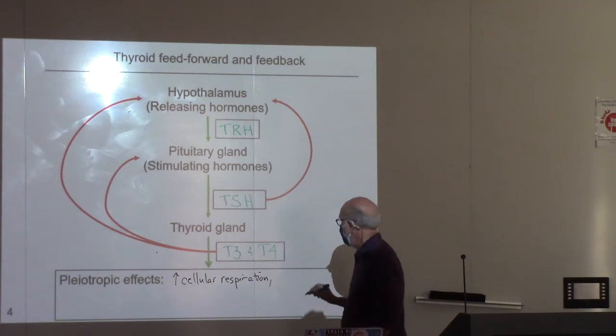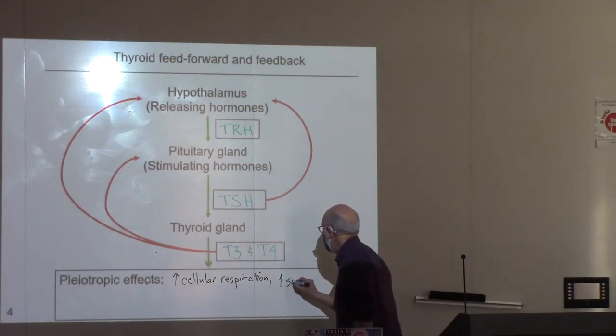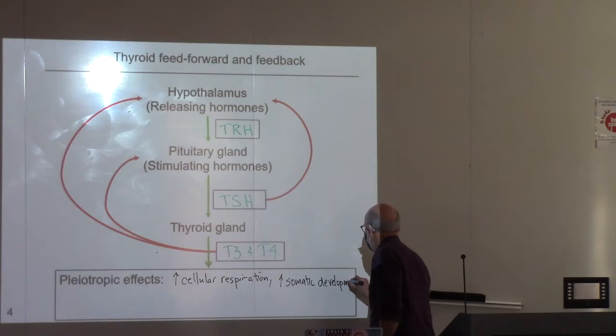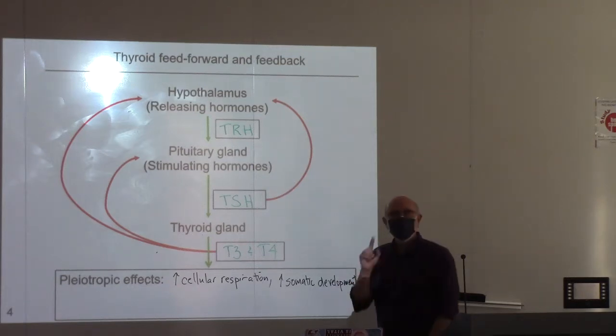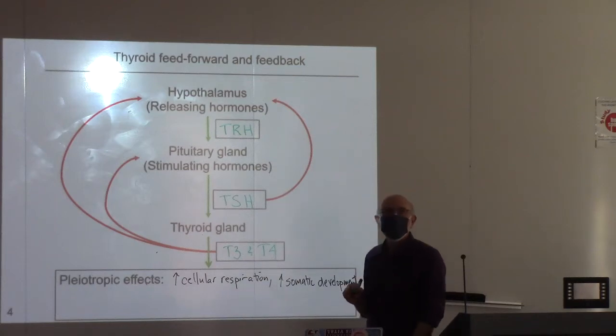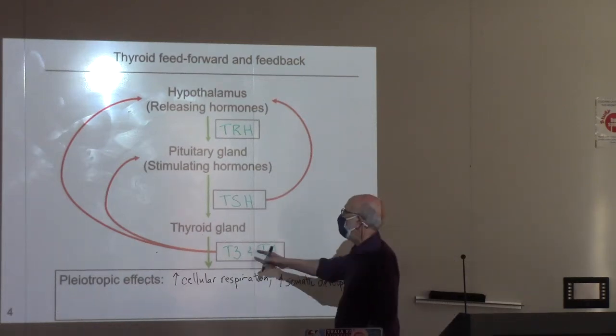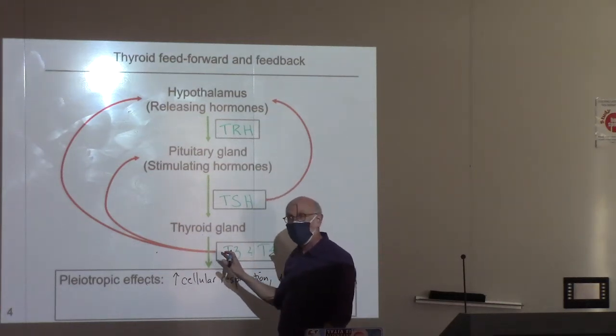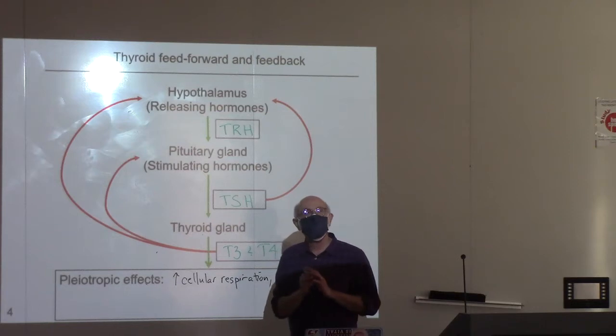Somatic development. Okay, increased somatic development. Cell proliferation. Certain cells. I heard somebody say something, but I couldn't hear it clear enough. Is that you, Lindsay? Low negative feedback. Okay, so T3 and T4, you're getting ahead of us.